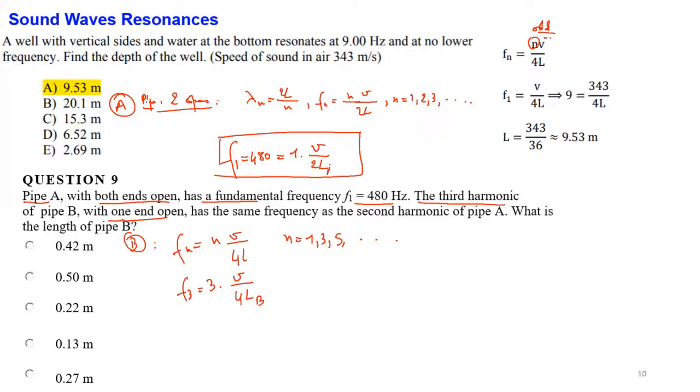Here, this is the length of A. Okay. So I'm telling you that F3 has the same frequency as the second harmonic of pipe A. So I'm telling you that F3B is equal to F2A. What is F2A? It will be just 2 times V divided by what? 2LA.